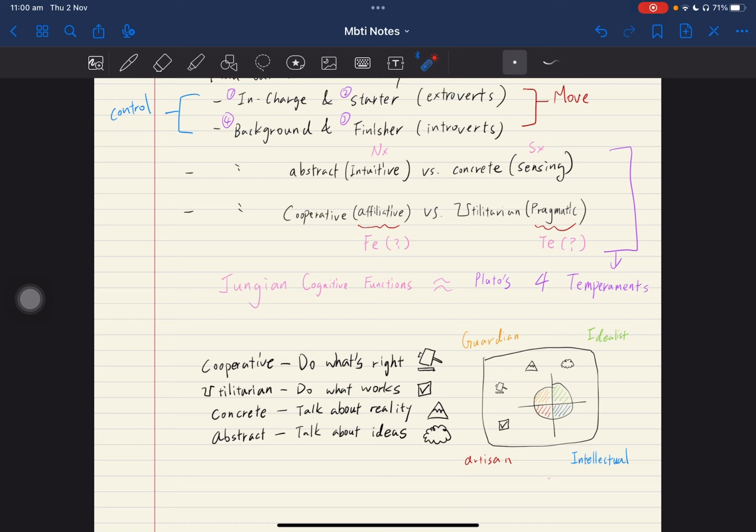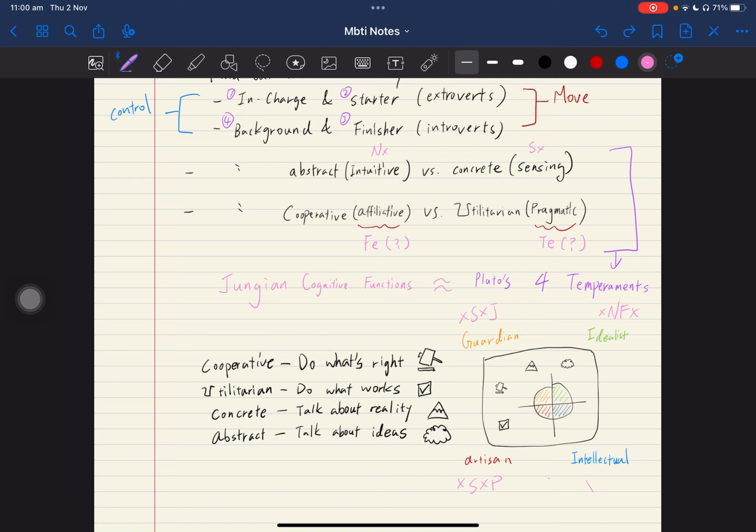If you look at these 4 temperaments here, it means that the guardians are the SJs, this one are the SPs, and this is the NFs, because intuitive and affiliative, right?